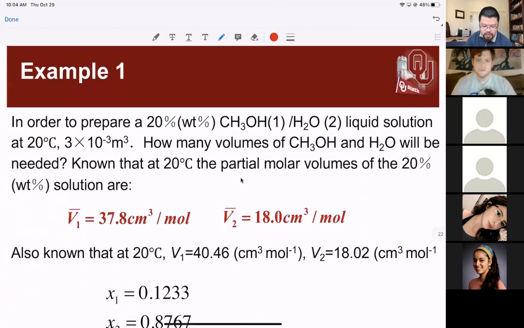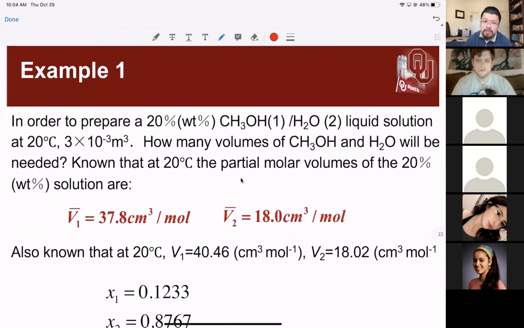Let's look at one example to understand how we utilize the equation we just derived. Let's say we need to prepare this liquid mixture, methanol and liquid water, as a 20% by weight mixture. I have the temperature, I have the total volume over there, and I need to know how many volumes of methanol and water will be needed.